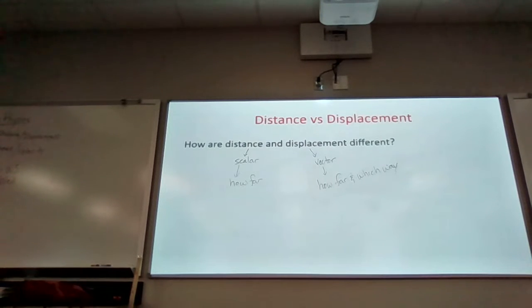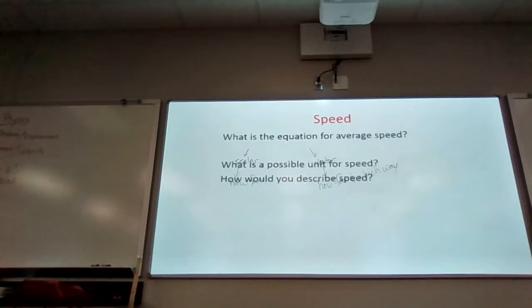So which of these two measurements communicates more information? Displacement. So which of these two measurements do you think we're going to tend to go with in physics? Probably displacement. It has more information there. Not only does it tell us which way, but it also tells us how far.